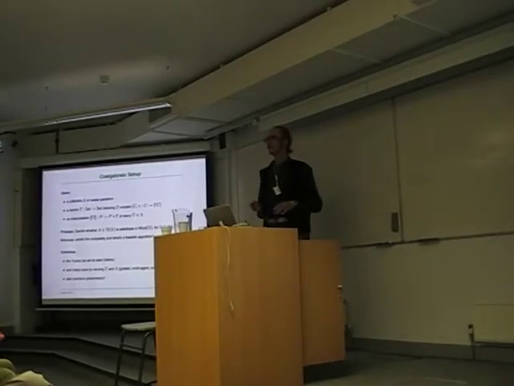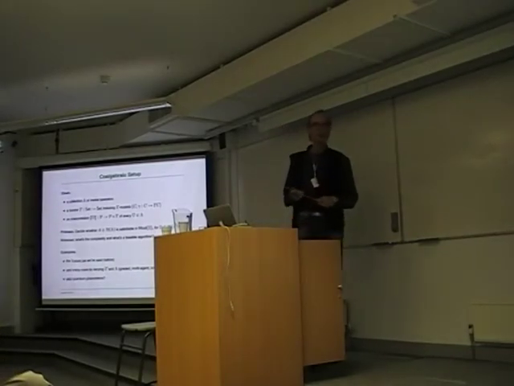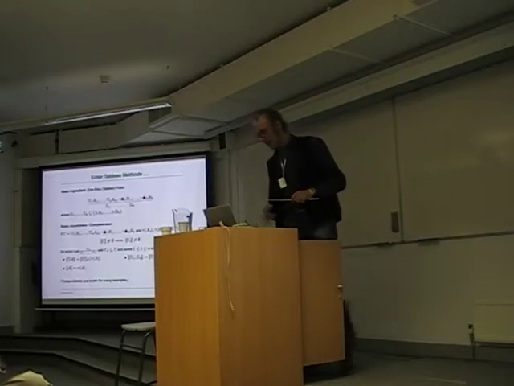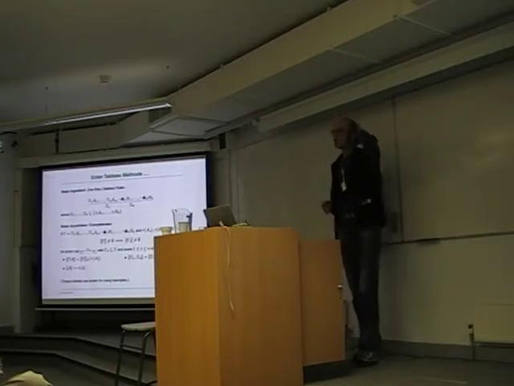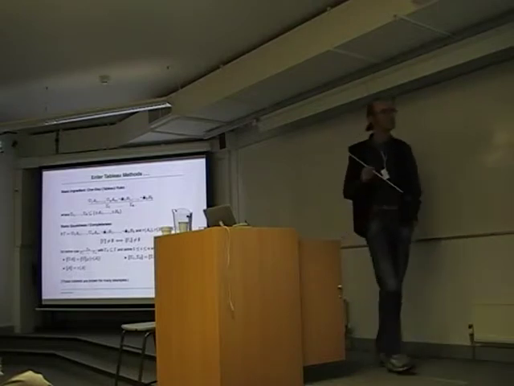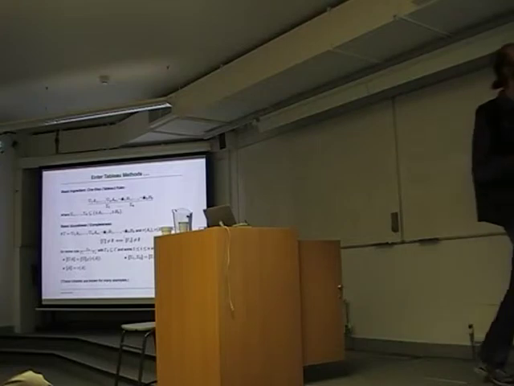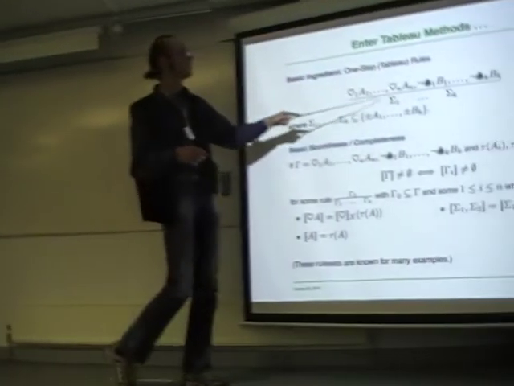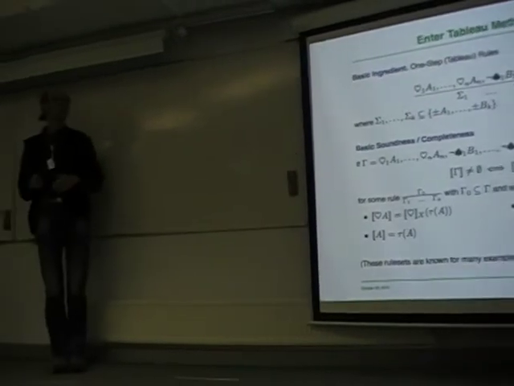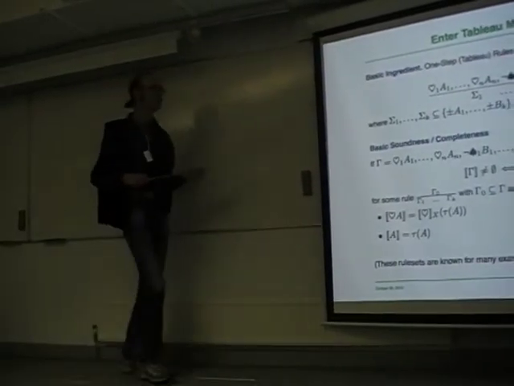That's not something I can say anything about, it's more a question for the audience. And I want to give you a brief description of essentially the reasoning process. So what I want to use is tableaux, and their basic ingredient, which is obviously a rule.